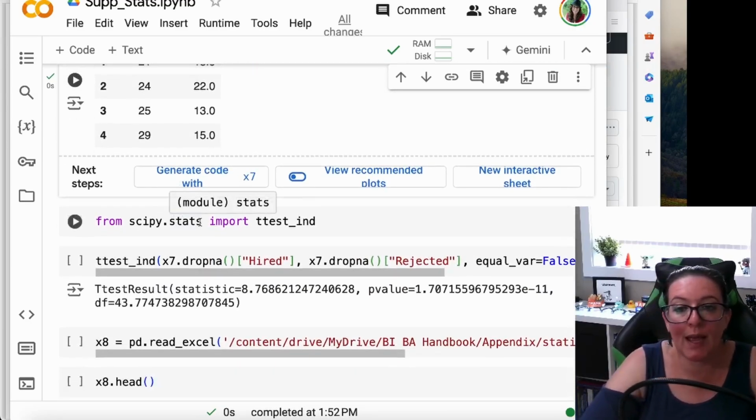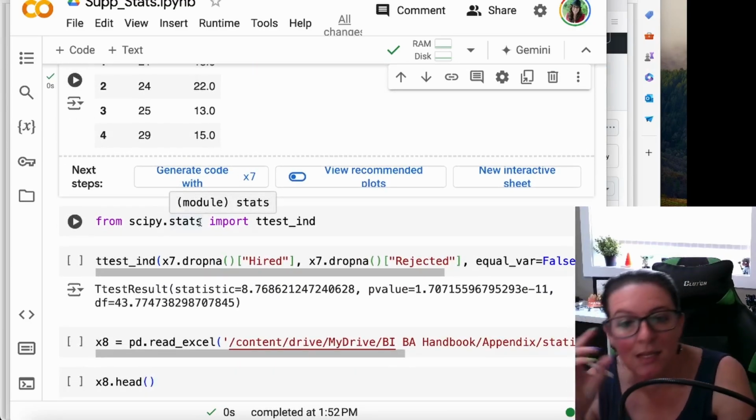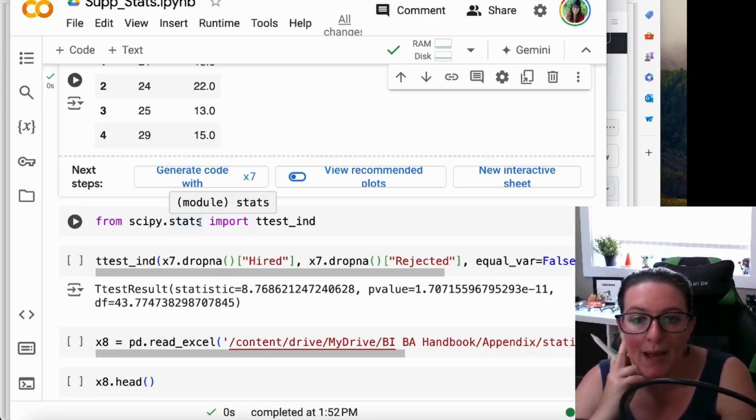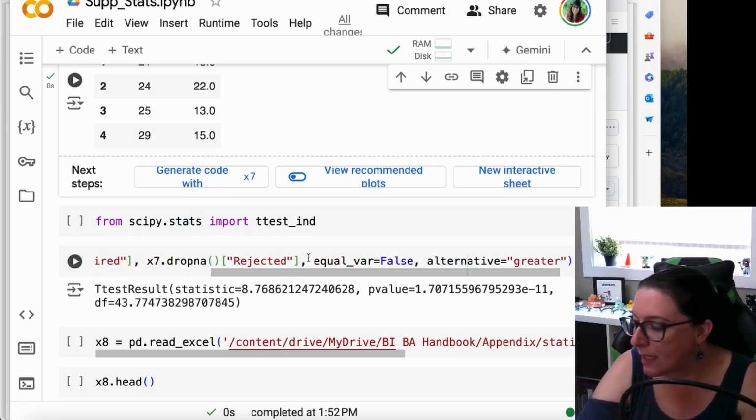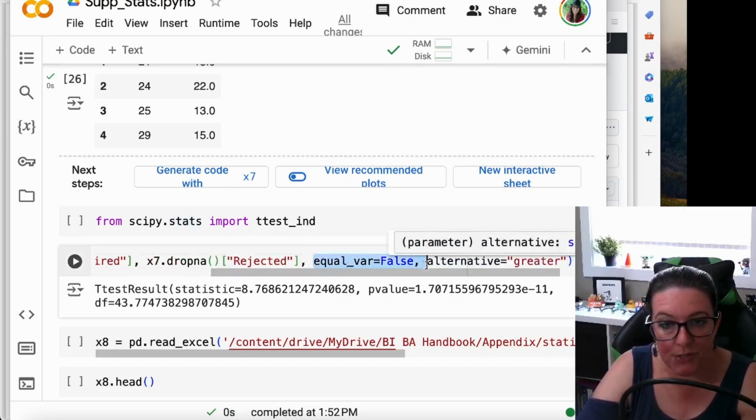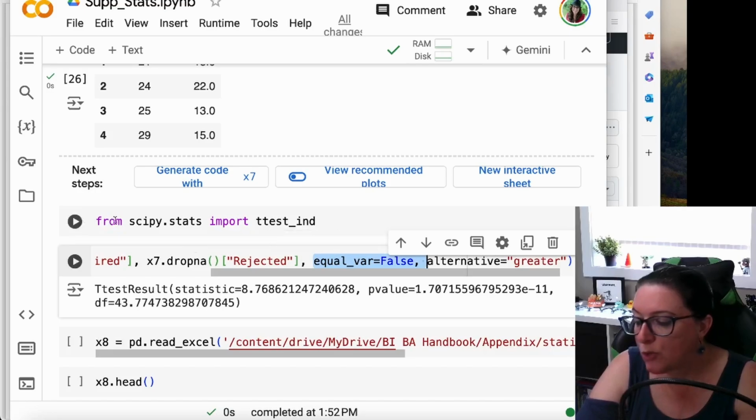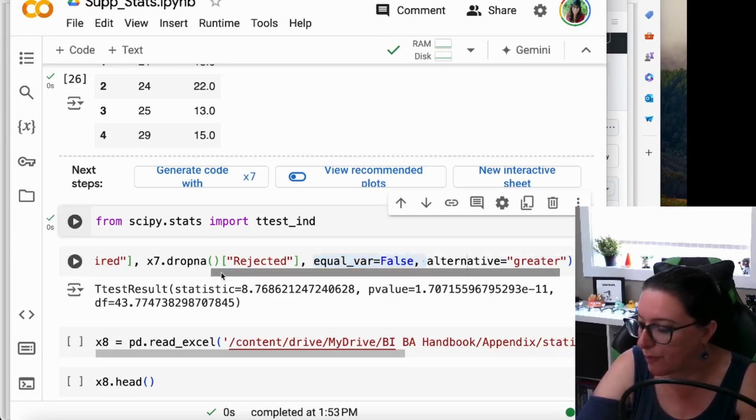If we are doing a separate variance t-test, it is going to be the same package and same command as with the pooled t-test. The only difference being this equal variance equals false. Okay, so I'm going to, from scipy.stats, import ttest_ind. That's the same one you used before.